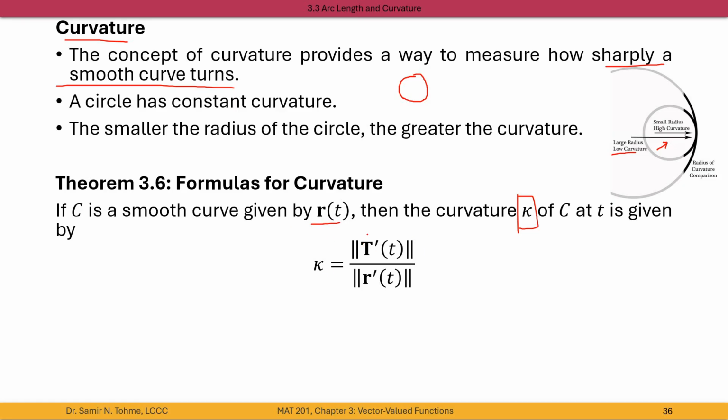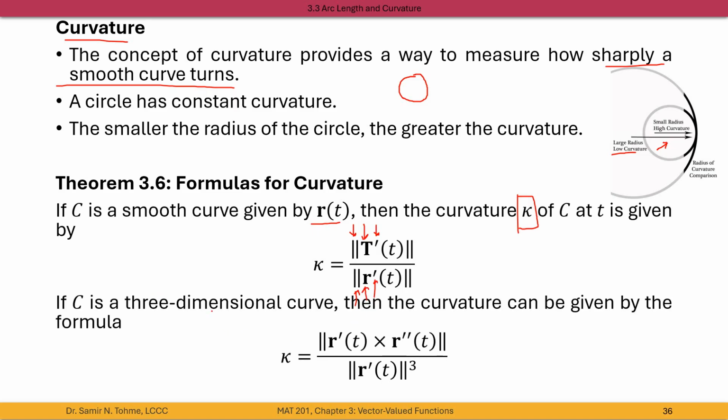Kappa is equal to the magnitude of the derivative of the tangent unit vector divided by the magnitude of the derivative of the vector function.